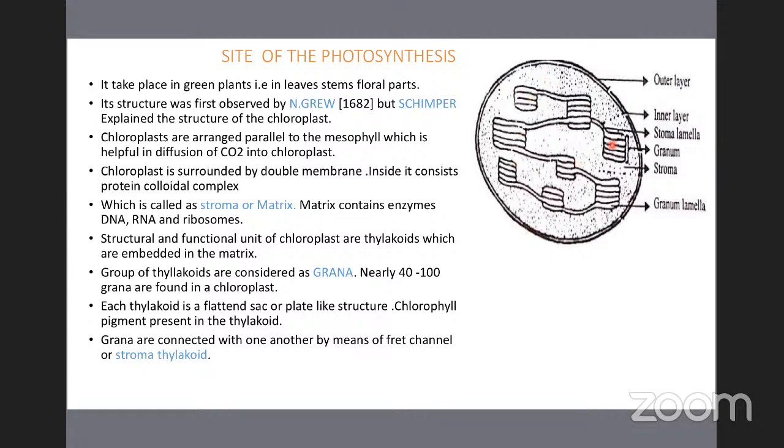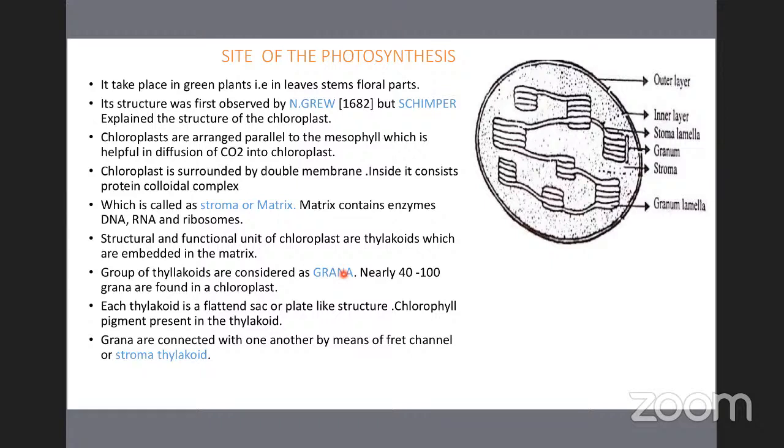Look at this diagram. So these thylakoids are arranged in groups. And this group of thylakoids is considered as grana. So what is grana? Grana is a group of thylakoids.